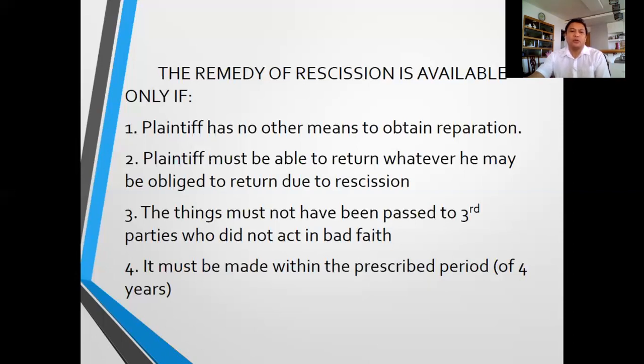Therefore, recession can no longer be availed of. Number 4, it must be made within the prescribed period. So make sure that prescription has not set in. Okay? So if any of these four requisites are not present, recession is no longer available.